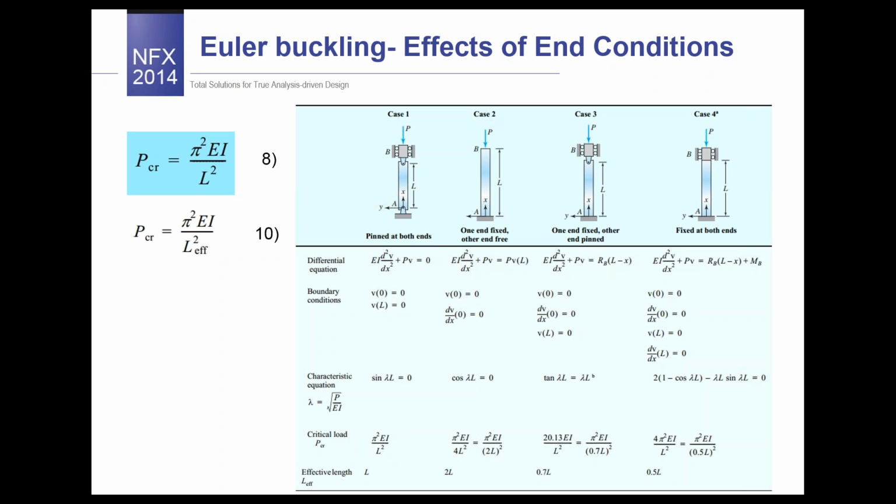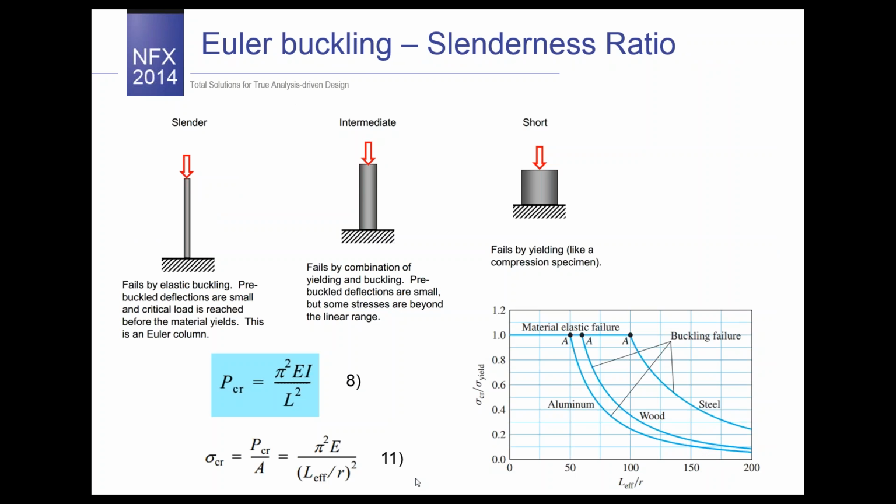The formula for critical load for all cases shown in the picture can be written as equation 10. L effective means the effective length of the column, and the effective length for each case is given in the last row of the table.